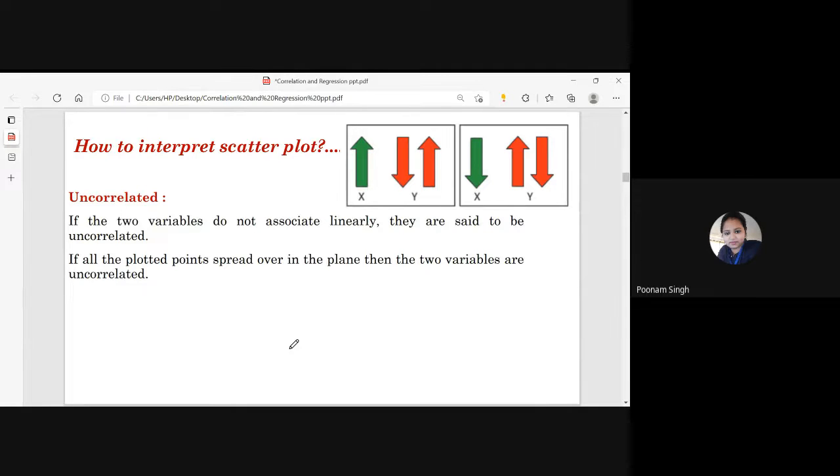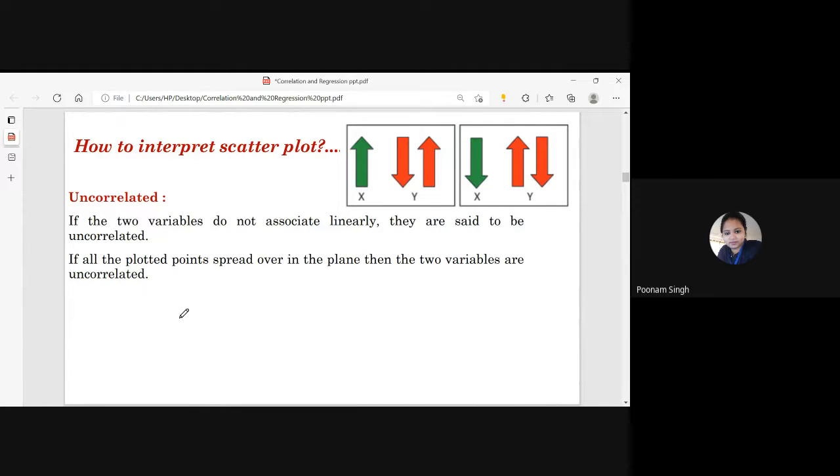Okay, let's see the most important thing where people make mistakes in interpretation: uncorrelated. Two variables are said to be uncorrelated if they do not associate linearly. Uncorrelation doesn't mean that there is independence of two variables.